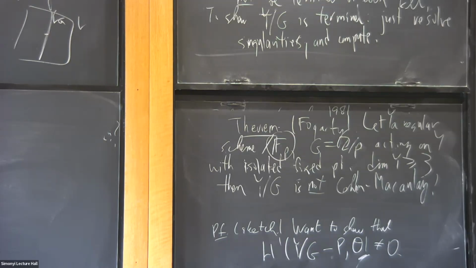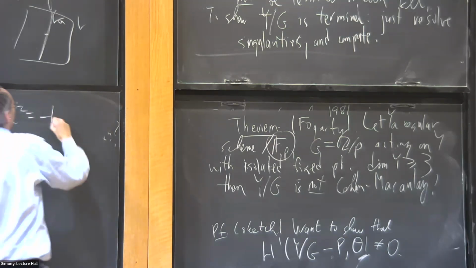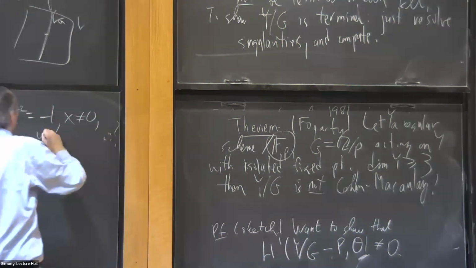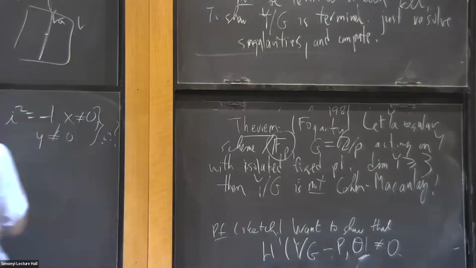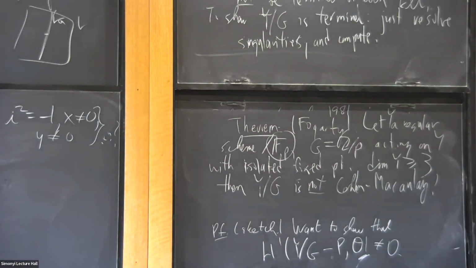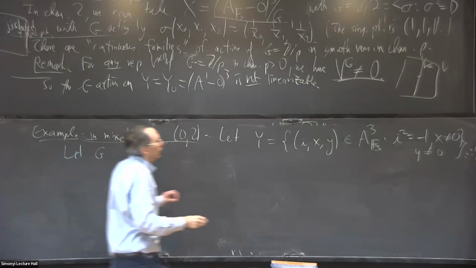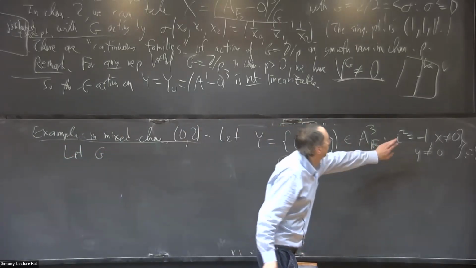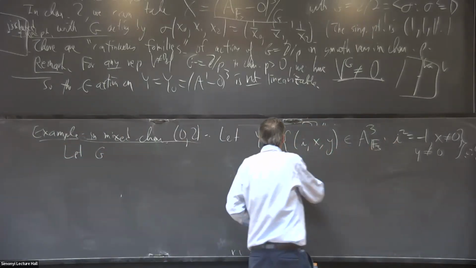So an example is, take the set of points (i, x, y) in A^3 over Z[1/2] such that i squared is minus 1 and x is not 0, y is not 0. So that's a scheme.